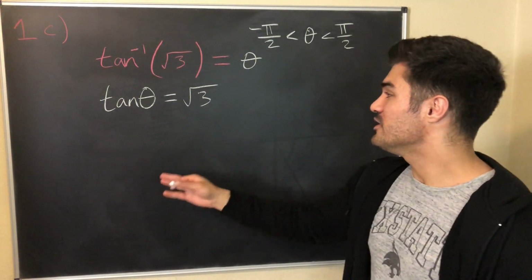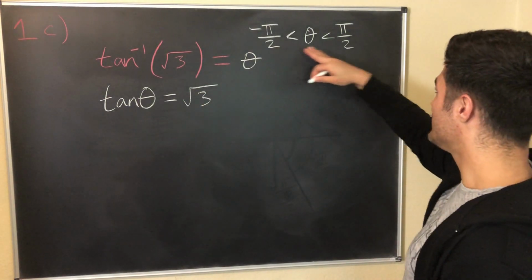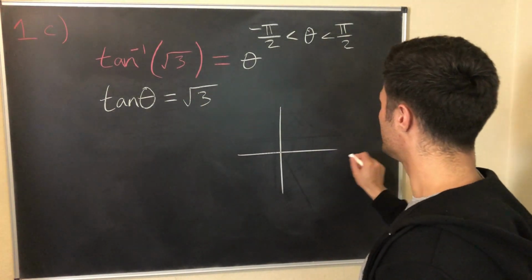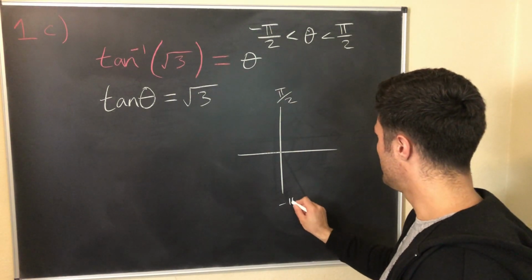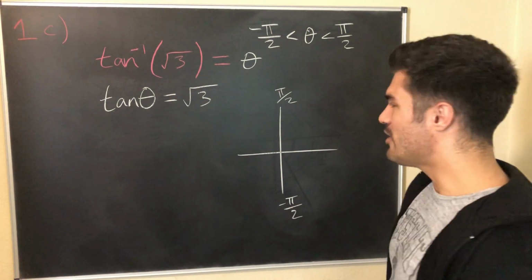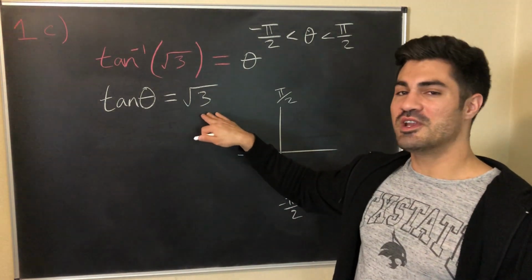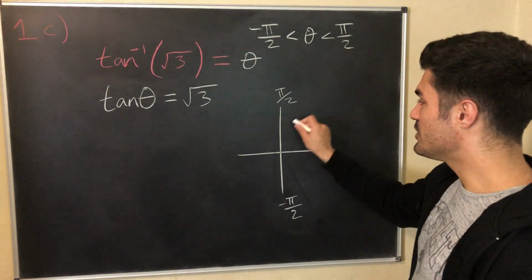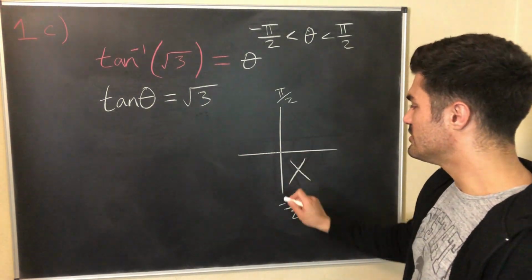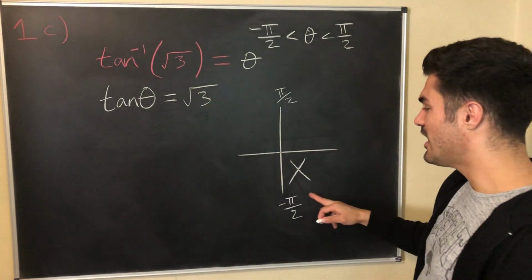So what we're looking for here is tangent of what angle equals root 3, but remember this angle has to be between negative pi over 2 and pi over 2, okay? So pi over 2, negative pi over 2. Now we can eliminate one of these quadrants based on whether this is positive or negative, right? We have a positive here, so what does that mean? It means we're in the first quadrant. We can eliminate this fourth quadrant because tangent is negative in the second and fourth quadrant.